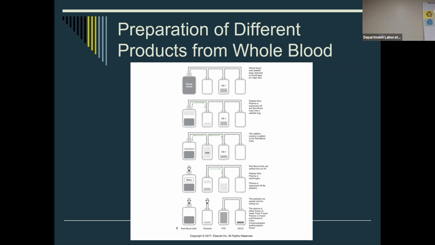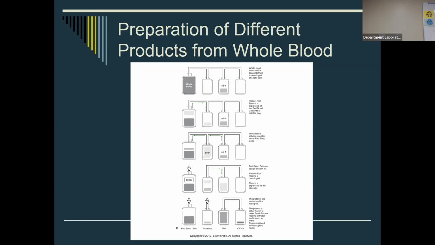The platelet-rich plasma is expressed off into another bag, and they add the Adsol 1 preservative to your packed red cells to extend the shelf life. Then you take your platelet-rich plasma, hard centrifuge it, and you're left with platelets. Then you can express off the plasma.